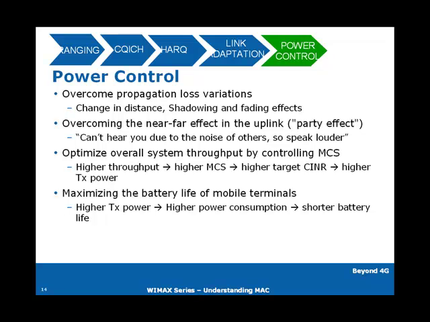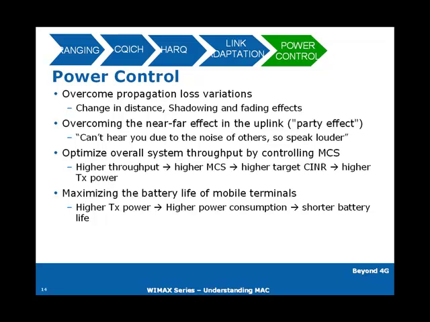And power control also helps in maximizing battery life for mobile terminals, and with reduced power consumption, the battery life of a mobile station or mobile devices can be improved.